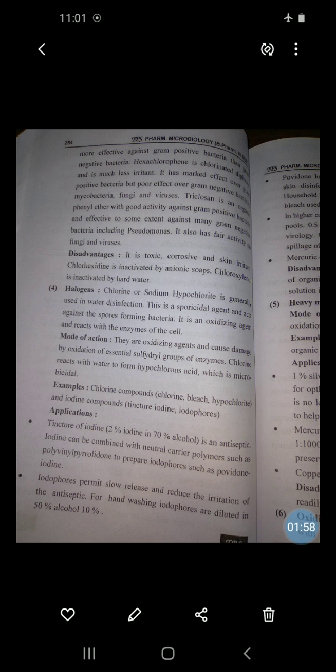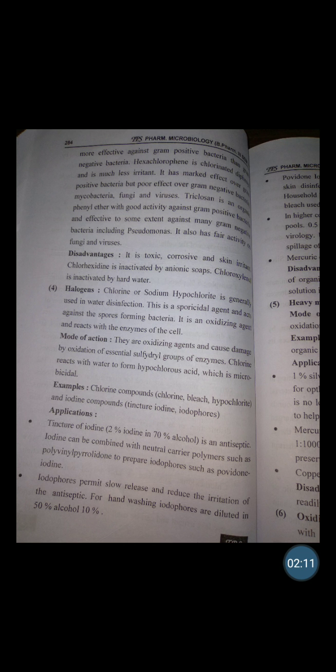For hand washing, iodophores are diluted in 50% alcohol and 10%. Povidone iodine is used undiluted in pre-operative and post-operative skin infections.